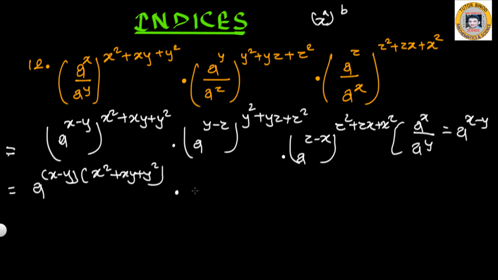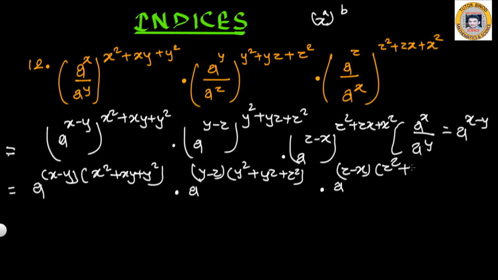Similarly, the second term would be a to the power y minus z times y square plus yz plus z square. Then the third term would be a to the power z minus x times z square plus zx plus x square. Can you tell me, or can you write, what does this mean?